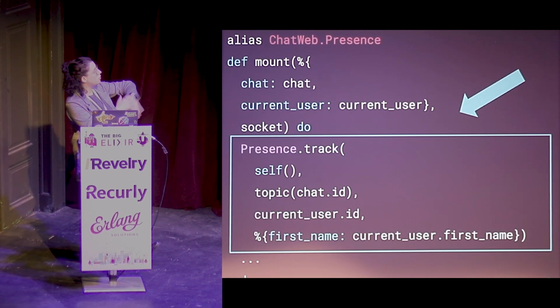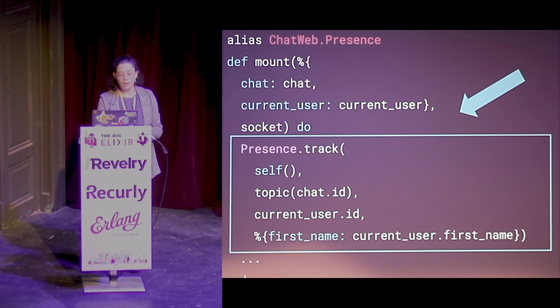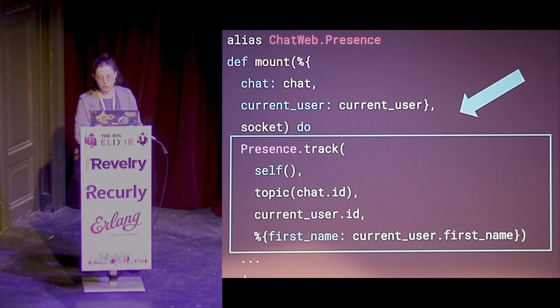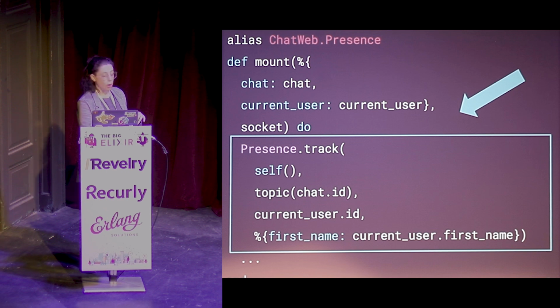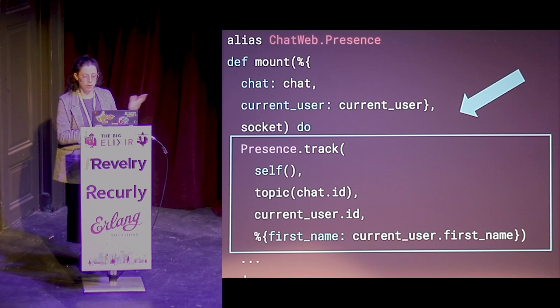So we'll continue to hook into our mount function, again simplified, just showing the relevant code. We'll hook into our LiveView's mount/2 function to add the new user to presence's list of users in a given chat room. We're using the Presence.track/4 function to track our LiveView process as a presence. We're adding the PID of the LiveView process to presence's data store, along with a payload describing the new user, under our shared topic of chat:chat_id and a key of the user's ID.